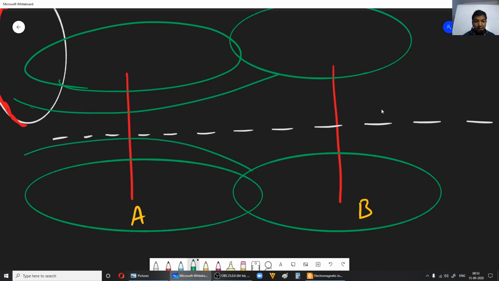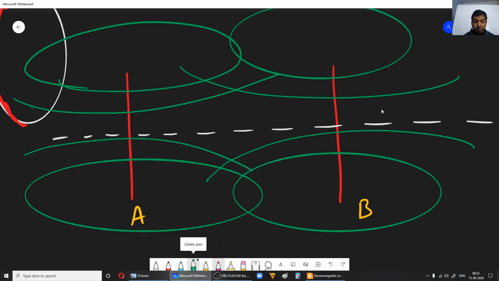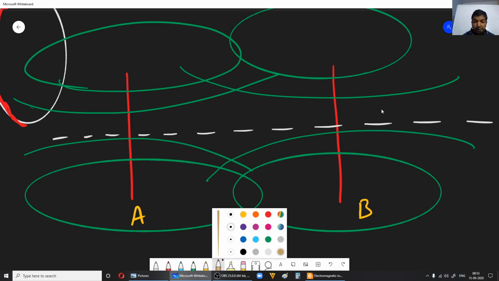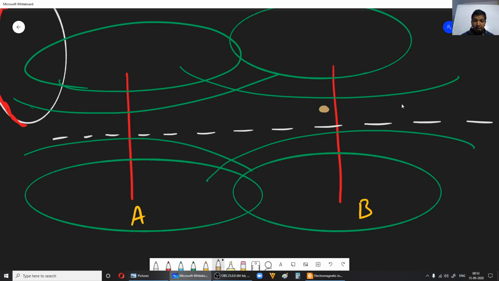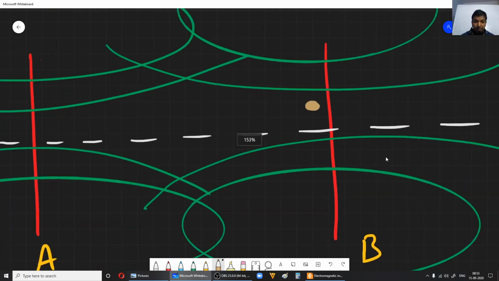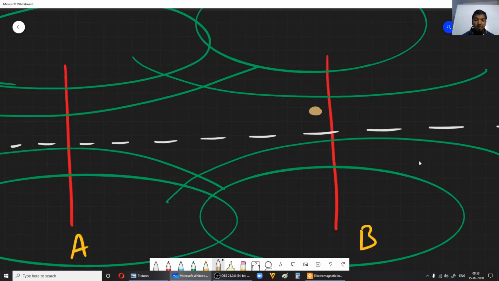And with respect to loop B, these are the magnetic field lines. Now you choose any one point. Choose this point here. When you bring these two coils closer and closer, the net magnetic field here will actually decrease.